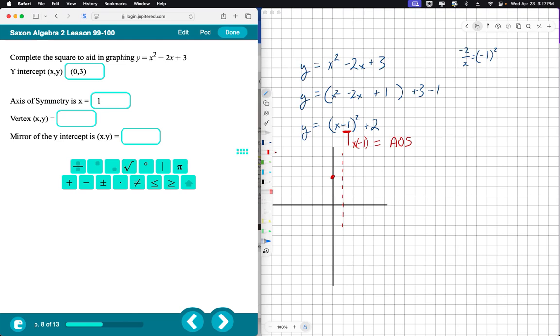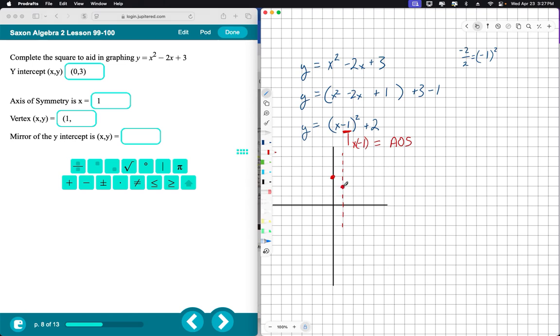All right, the value of the axis of symmetry is your x value in the vertex. So we're just going to put 1. That's the same number that we just typed for our axis of symmetry. And our vertex, the y value, is going to be this digit here that's sticking out on the end. So 2. So 1, 2.